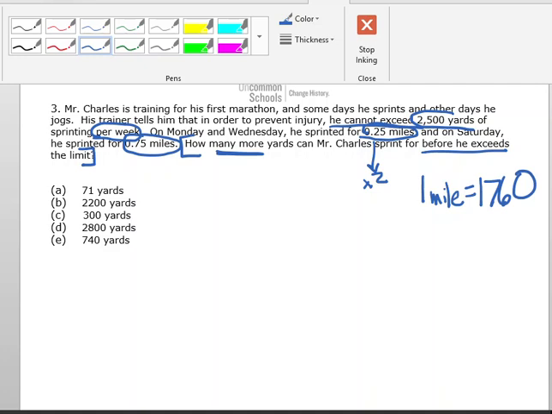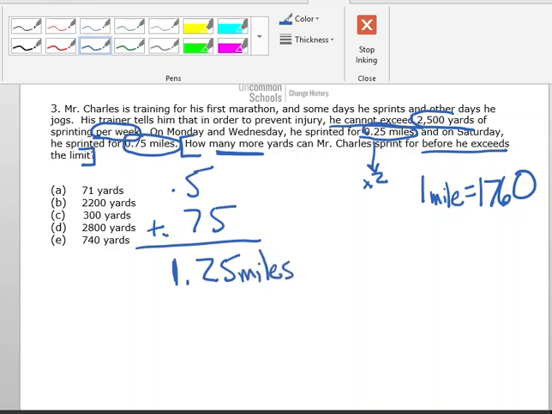He did 0.25 times 2, so he did 0.5 plus 0.75. Let me make sure. 0.25, 0.75. All right, and that got him to 1.25 miles. So he's already sprinted 1.25 miles.